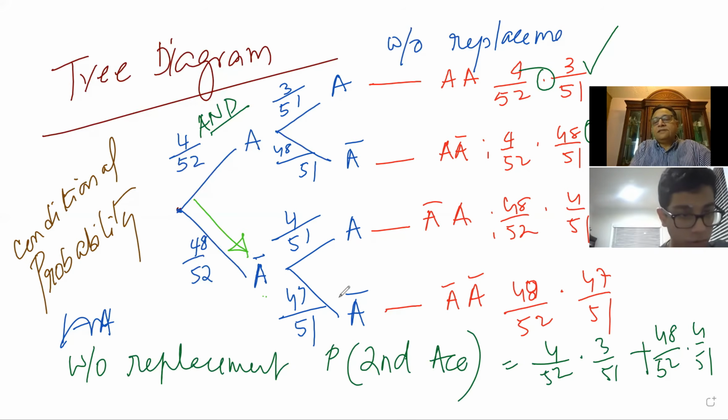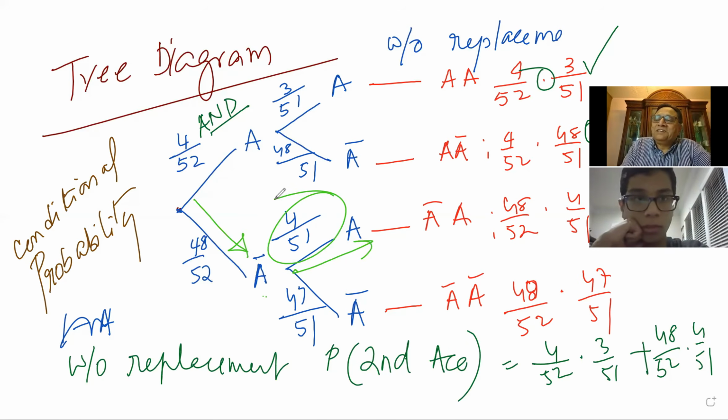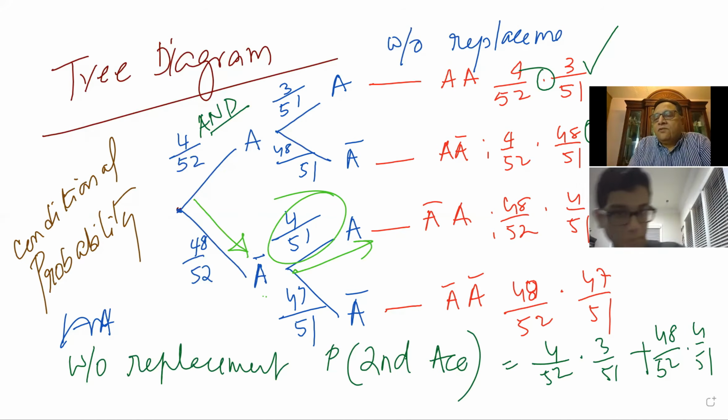And now if I say, what is the probability of getting an ace? So we know this is the probability of getting an ace. So I will show you this concept in a very simple and easy way with the help of a dice.